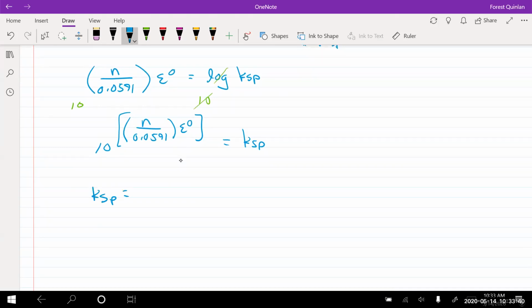Or the KSP is equal to 10 to the, we had 1 electron being transferred, over 0.0591 times the voltage, which was negative 0.57727.